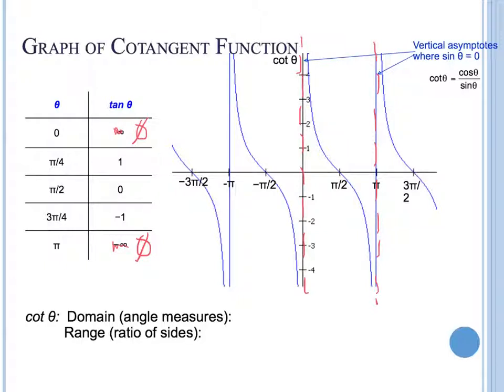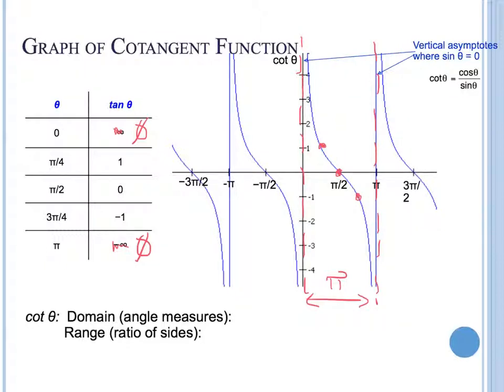And at pi over 4, there's there, and there, and there. So my cotangent graph is similar to my tangent in that I have vertical asymptotes and I have this kind of sweeping curve that repeats with a period that is pi units wide.